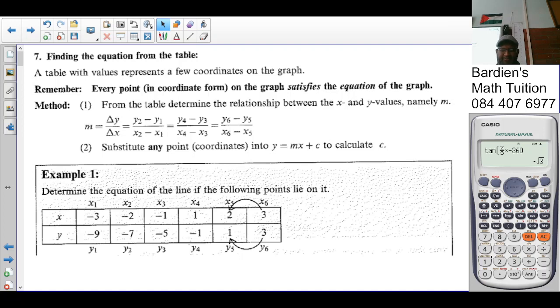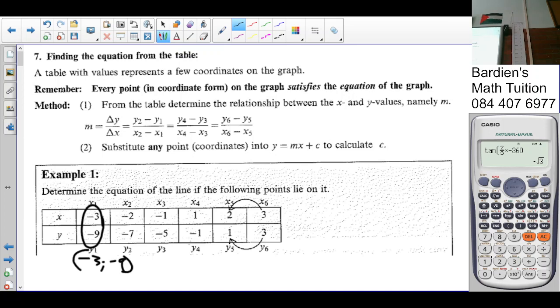Okay, here we go. So, finding the equation from a table. A table with values represents a few coordinates on the graph. So we know that this is -3 and -9 in coordinate form.